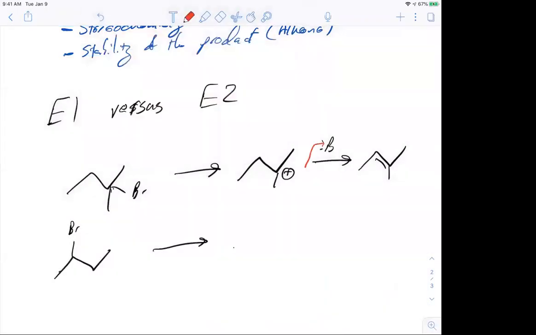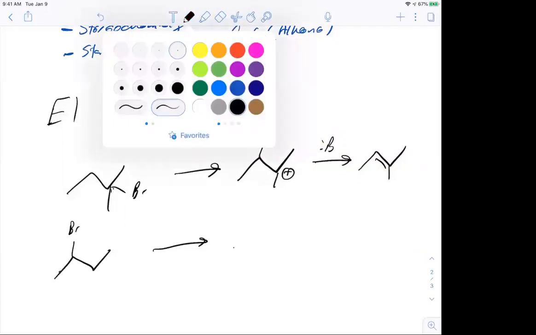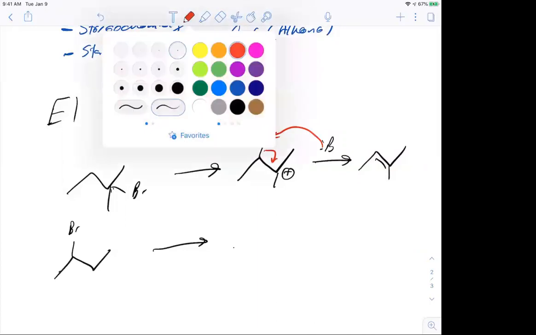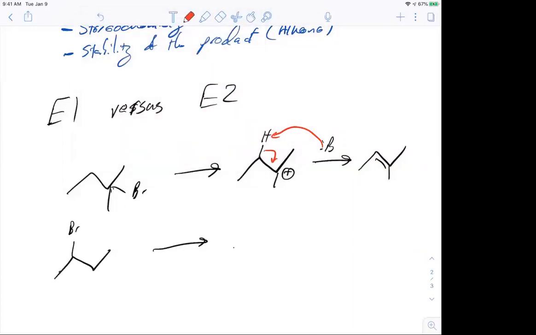So this comes in and pulls a proton. The base comes in, pulls a proton, electrons go down, we end up with a double bond. On this one, we have the hydrogen here. Base comes in, pulls the hydrogen.